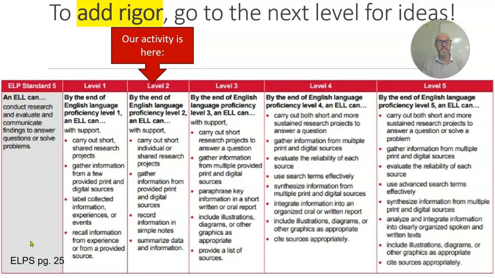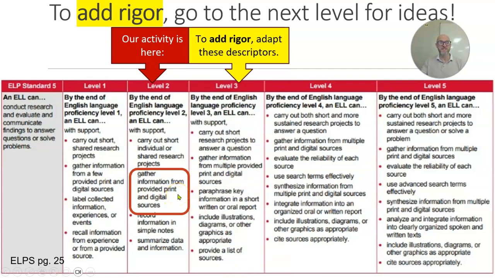So let's go a little deeper and pick a descriptor. Our activity is under level 2. We're going to look at the second descriptor, gather information from provided print and digital sources. We're going to find that corresponding descriptor for ELPS Level 3 to add rigor, which is gather information from multiple provided print and digital sources.